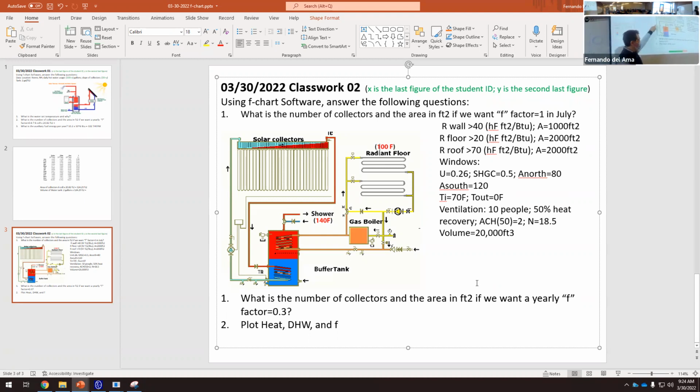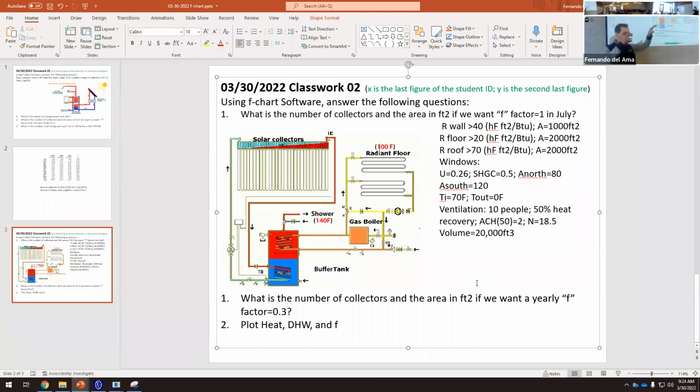We connect the solar collectors to the lower part of the tank. Why? Because hot water tends to go up. So if we want to get this water at 140, we have to take it from the top of the tank, because the hottest water will tend to go up.